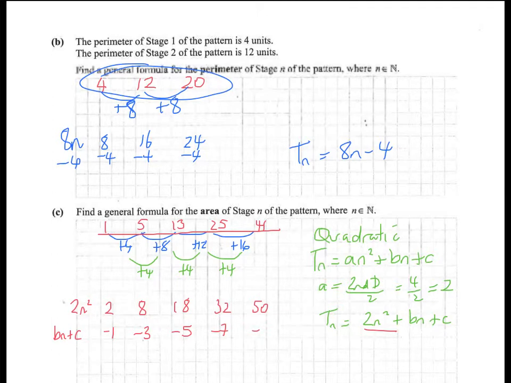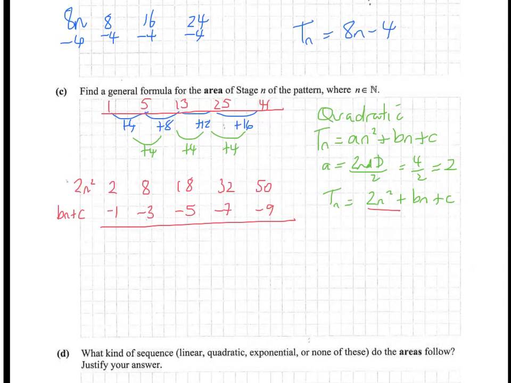And you quickly find that there's this sequence of numbers: -1, -3, -5, -7, -9. So let's take that linear section and work on it. We see that this linear sequence has first level differences of taking away 2 each time.